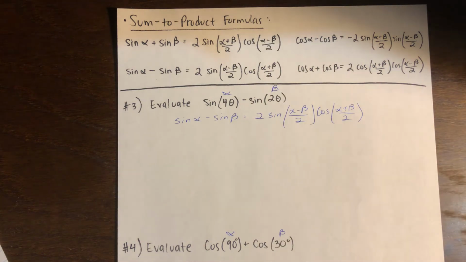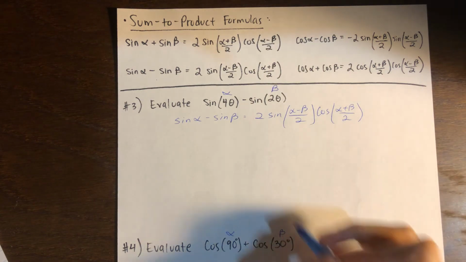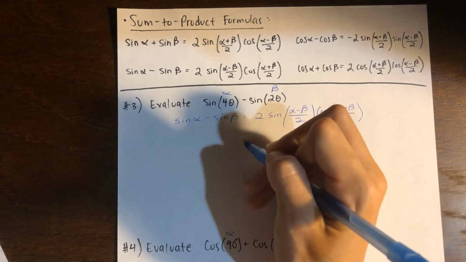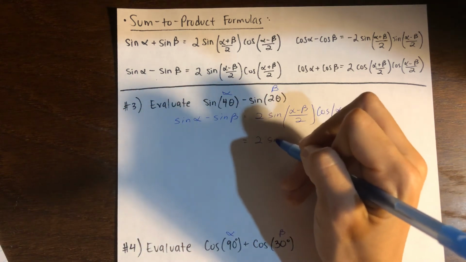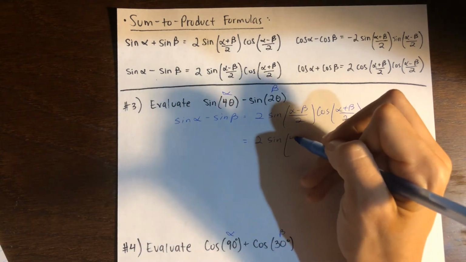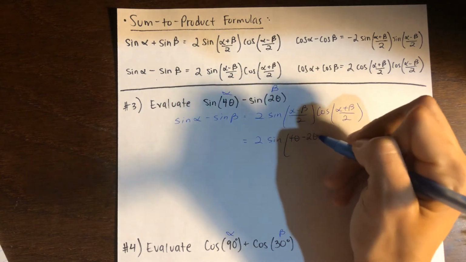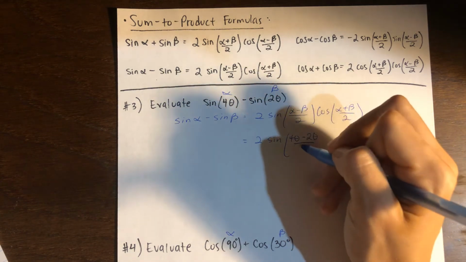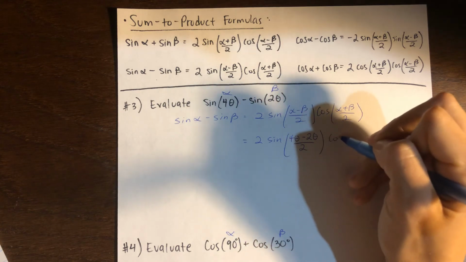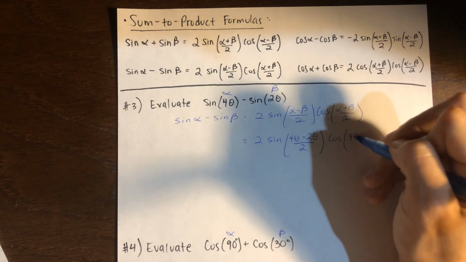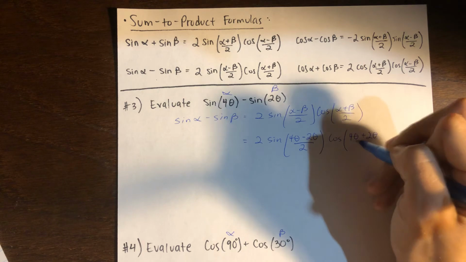Now we're just plugging in what we know. So we have 2 sine, and alpha is 4 theta minus 2 theta divided by 2 times the cosine of 4 theta plus 2 theta divided by 2.